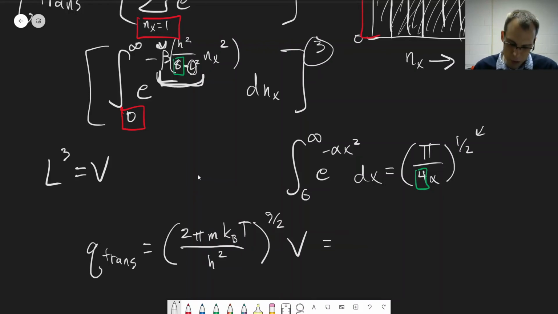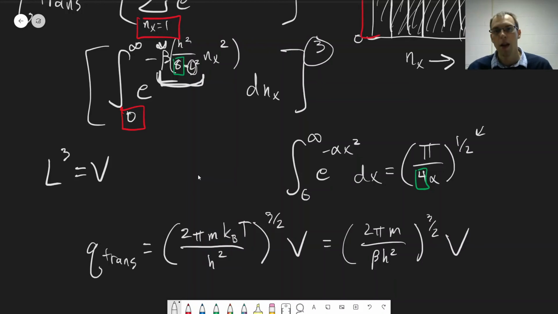We can also write this in terms of beta instead of kbT: 2 pi m over beta h squared, raised to the 3/2 power, times V. And so we can take the quantum mechanical particle in a box energy levels that describe the translational motion of particles in a confined space, and using this approximation that we can take these discrete energy levels and, when we add them up, instead add up a continuous function, so we can approximate that as an integral, that lets us find a specific value from this particle in a box model.